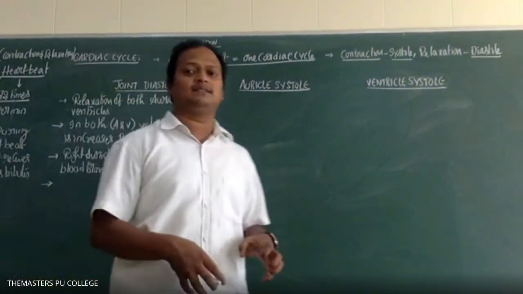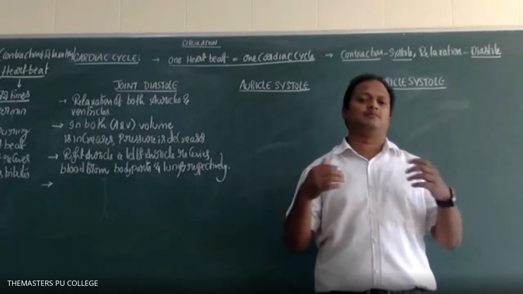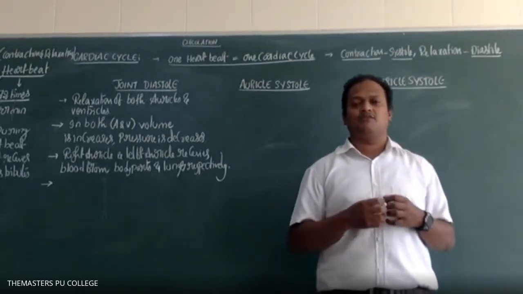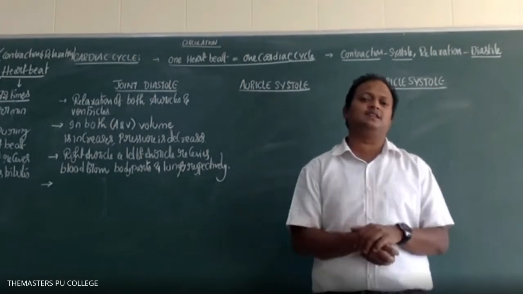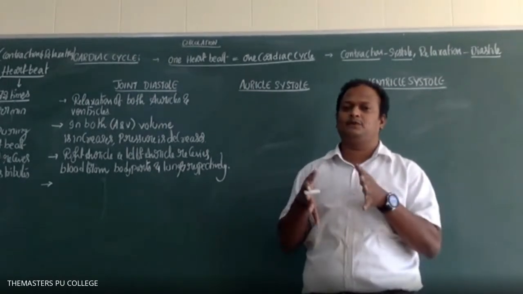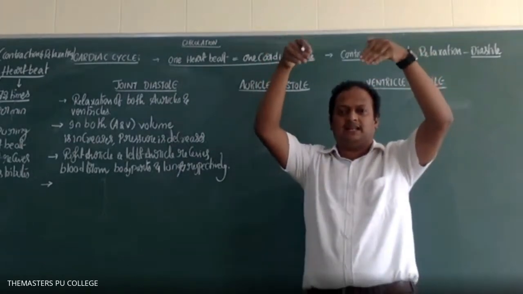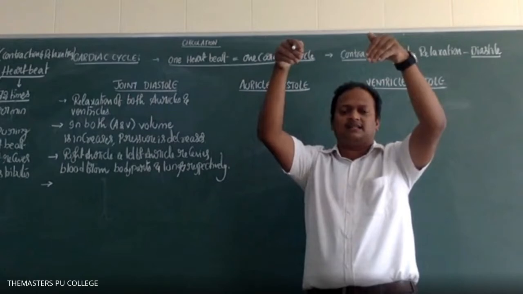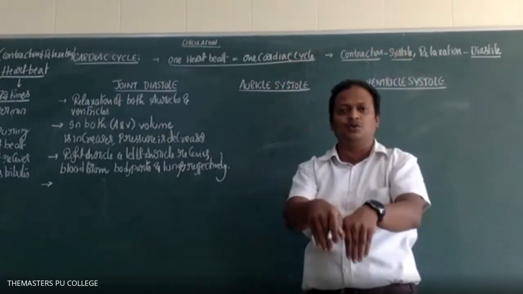Once both auricles receive blood from body parts and lungs, from the auricles the blood is distributed to where? To the ventricles. The blood passes to the ventricles.